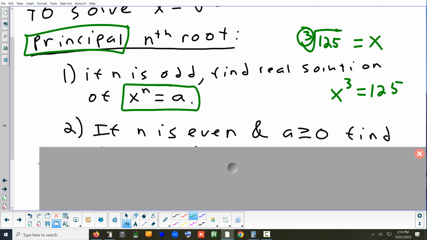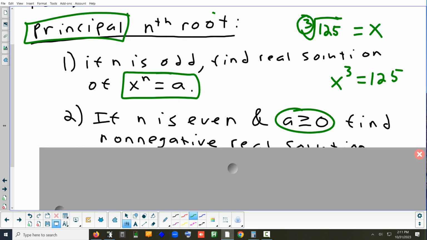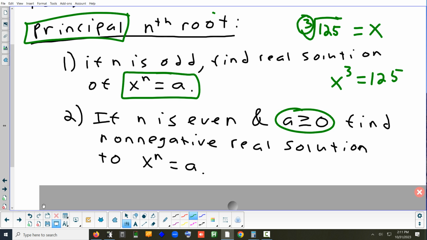So first of all, when we deal with even roots, we have to make sure that whatever is underneath the root, this thing, is not negative, because we're not dealing with imaginaries. You're basically solving the same type of equation. So we're looking for an answer that is not negative.